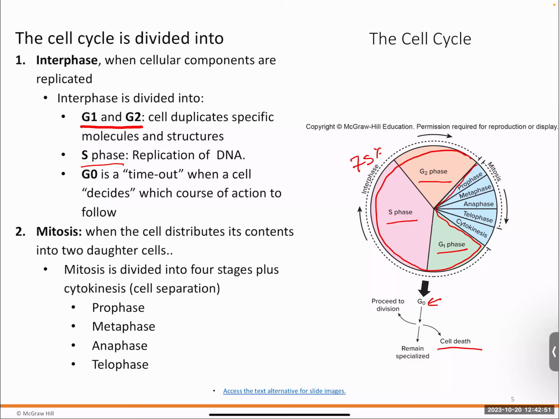You can have a cell that remains at this level. It doesn't go any farther, so it's basically stuck in this level. Or you have cells that eventually go back into the S phase and continue with the process of cell cycle. So think about it as a timeout phase of the cell cycle.